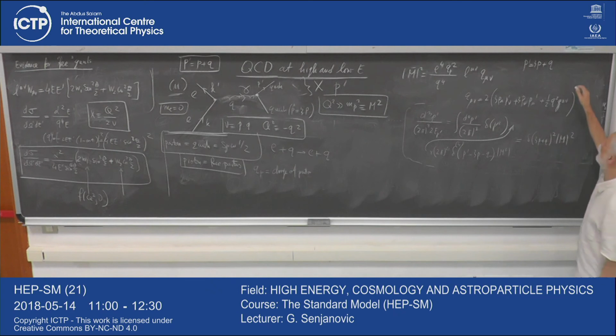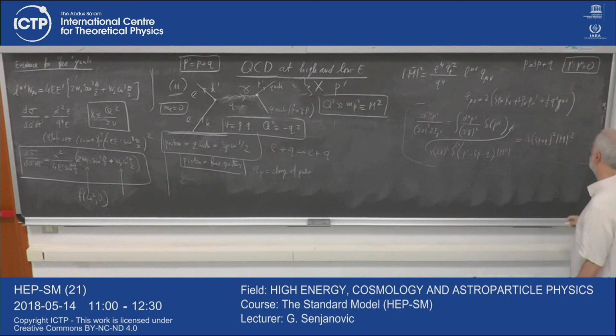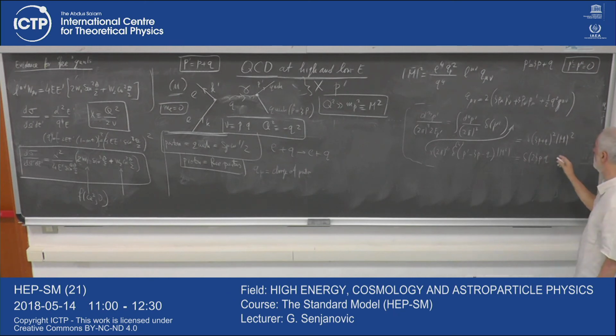Okay. I can use p square equal p prime square is 0. So this is delta of 2 Cp times q plus q square. I will write minus q square times amplitude.